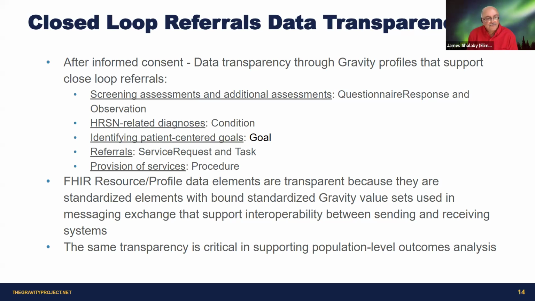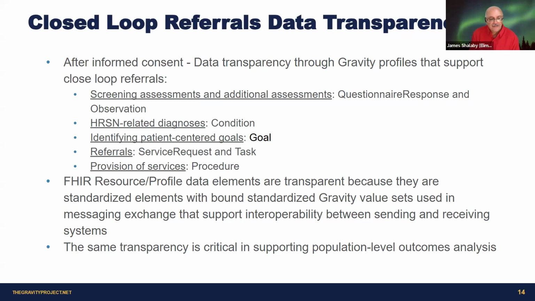So FHIR resource and profile data elements are transparent because they're the standardized elements that were bound to standardized Gravity value sets used in messaging and exchange. Because they're used in messaging and exchange, they can also be used on the analytics side. The same transparency is really critical for that use.